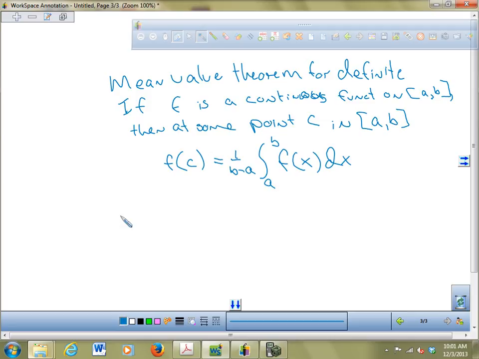So it's just saying that you're always going to be able to find some average value. And then they'll ask you in your homework to find the average value of a function. All you have to do is take the integral and then divide, okay?